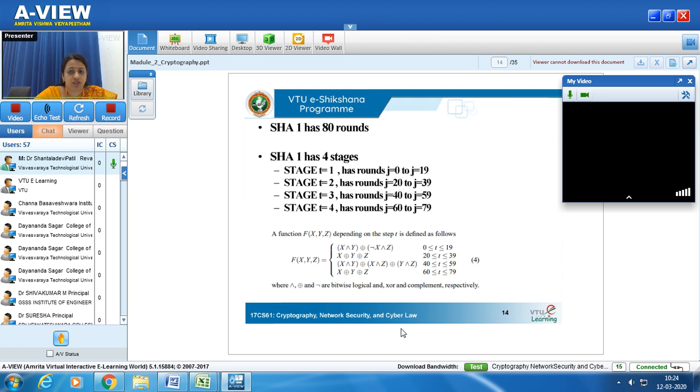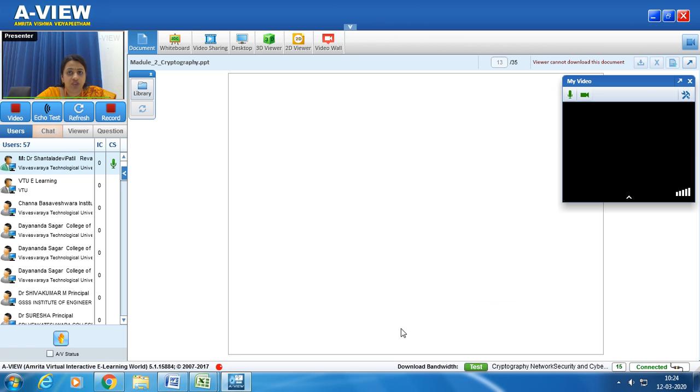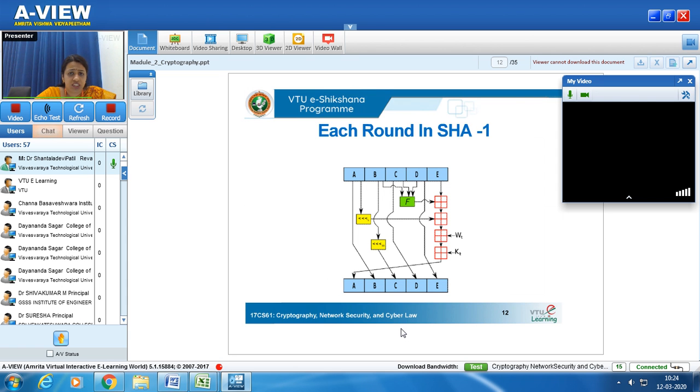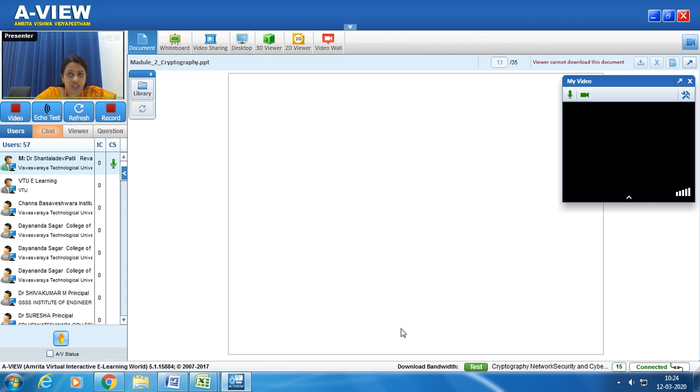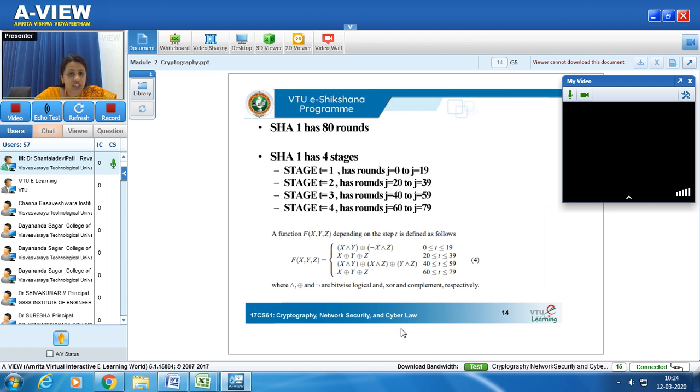Now let us look at the difference. The function f(x,y,z), where do we apply this function? Let's see this diagram. Over here, this function is applied on the contents of the 2, 3 and 4 registers. Depending on the step we are working on, it is defined as follows.